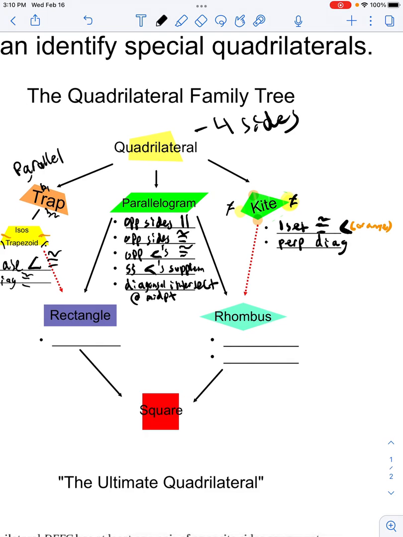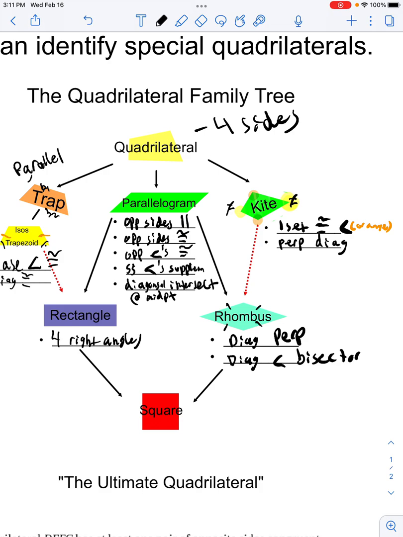The red line means that it's sometimes true in specific cases. So again, we have the 4 congruent sides on our rhombus. We have diagonals perpendicular, which again is a property of the kite. And then we have the diagonals are angle bisectors, which again can be kind of part of the parallelogram. And again, bisect means cut in half.